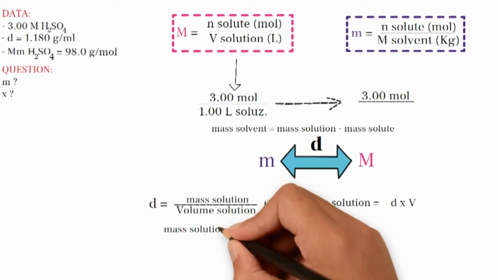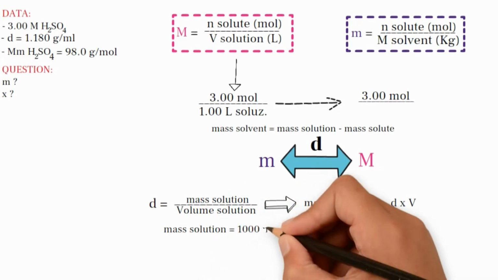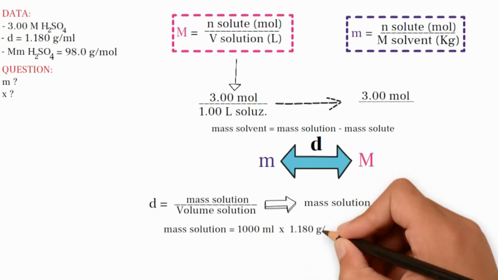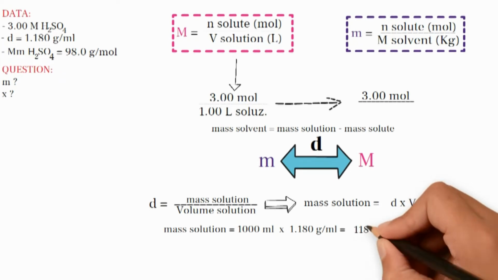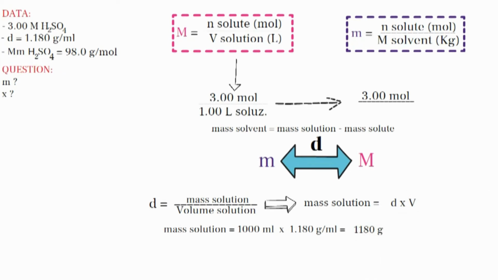So the mass of solution is 1000 milliliters times the density, which is 1.18. Why did I write 1000 milliliters? Because density is expressed per milliliter, so I just converted the volume of our solution, which is 1 liter, into milliliters. Just multiply by 1000 and you will get 1180.